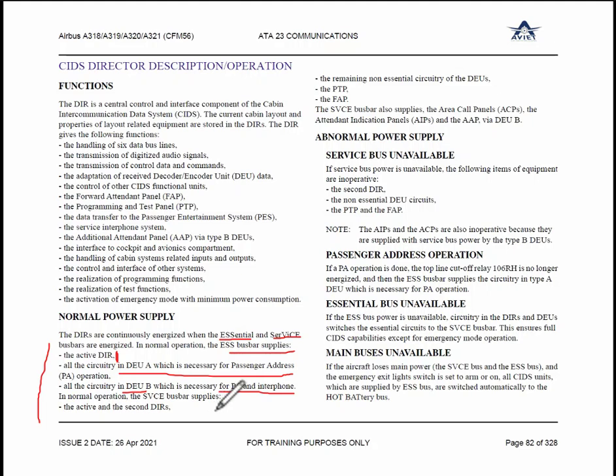Right? We'll see through the diagram as well. Other directors and other elements are supplied by the service bus. So in the normal case, only a few elements are supplied by the essential bus: the active director, and the DUA and DUB connected with loudspeakers and handsets for PA purpose.